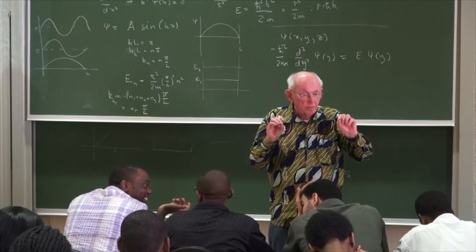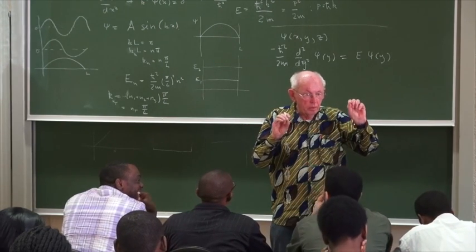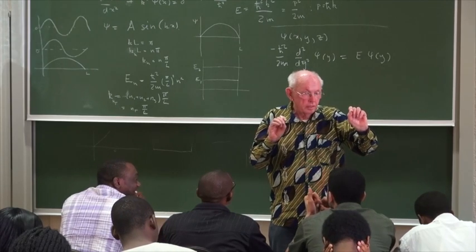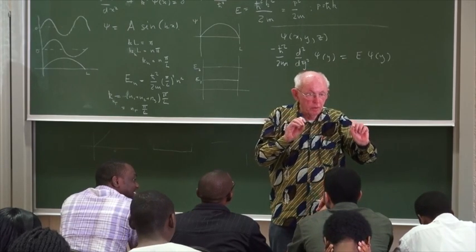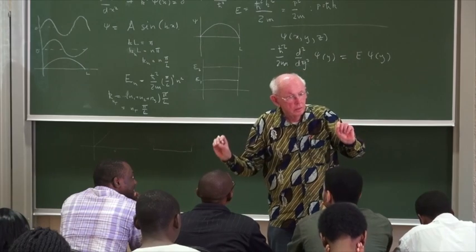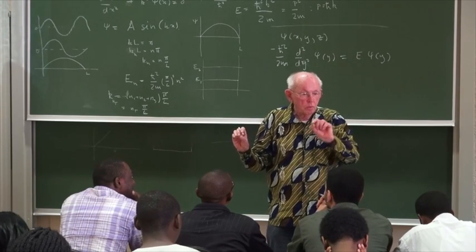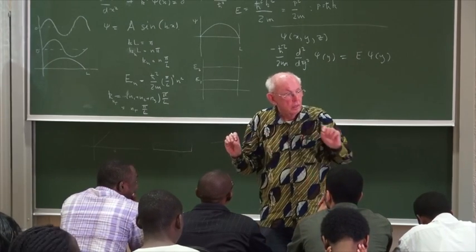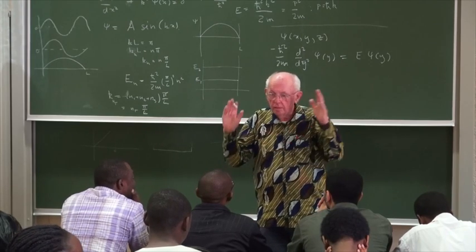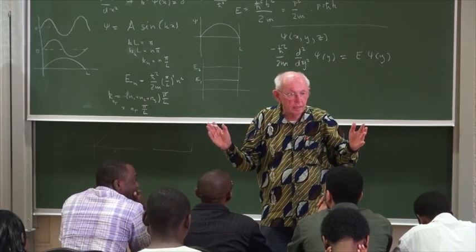So if I give you a number of 4, it's very easy. Yeah? It's 1, 1, 2, 2, 1, 1, 1, 2, 1. 3 possibilities. Okay, that's the answer.